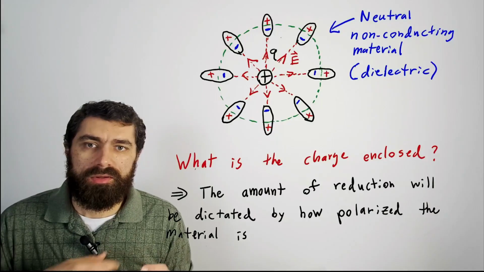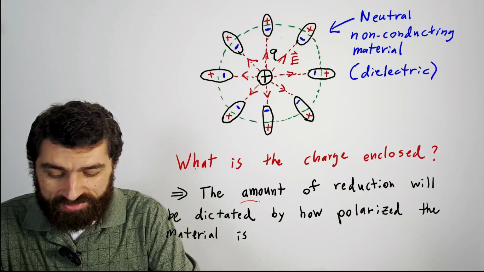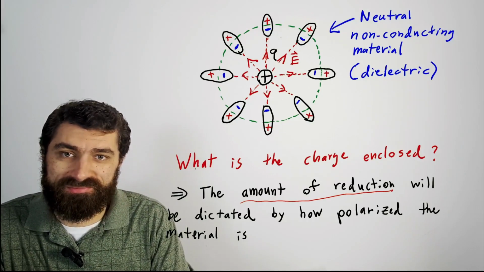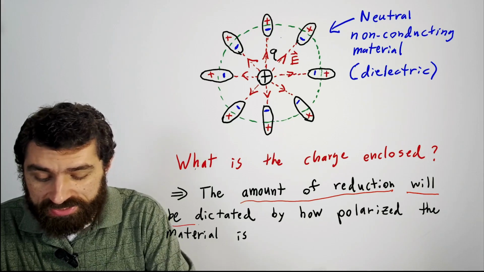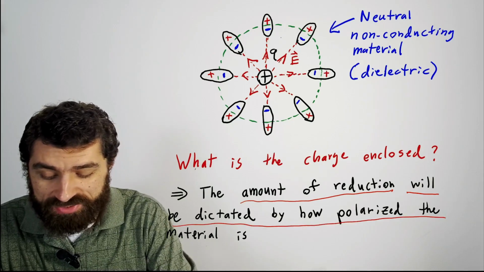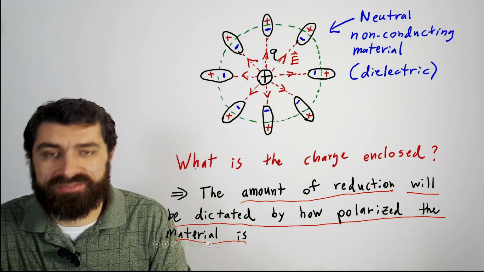Now, the amount of reduction in the charge Q, or the charge enclosed, will be dictated by how polarized the material is.